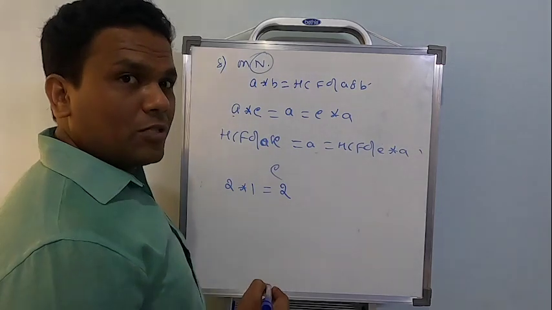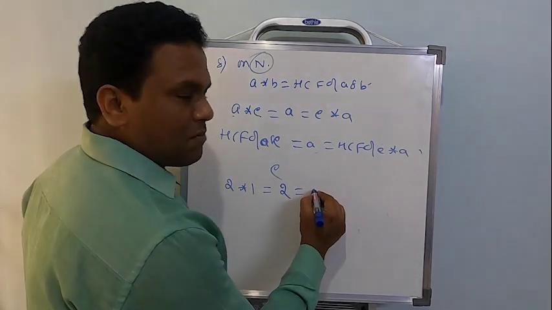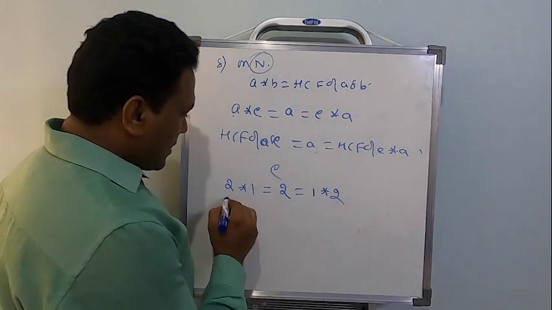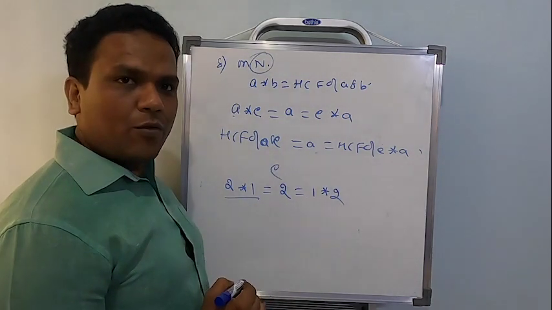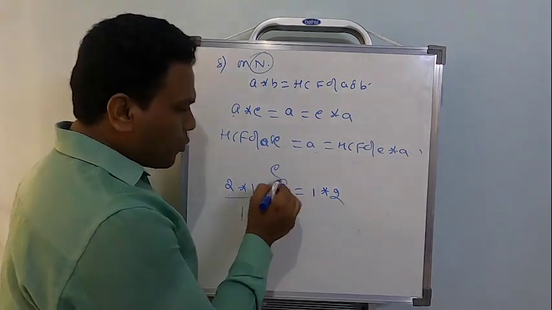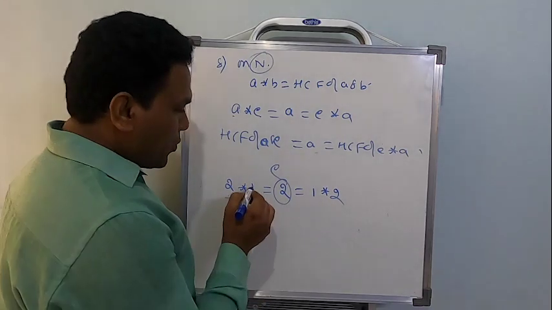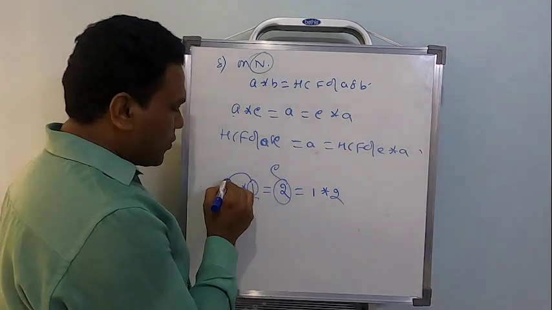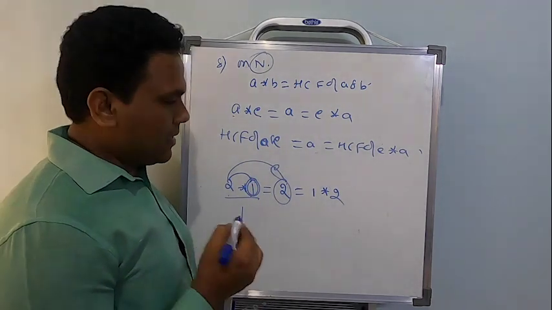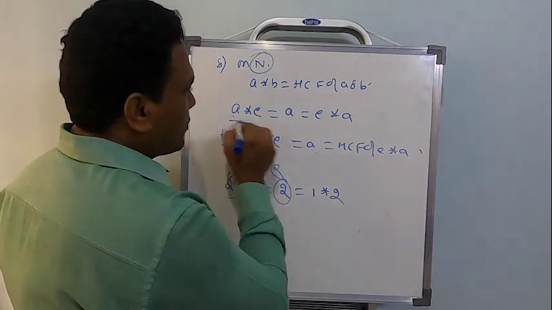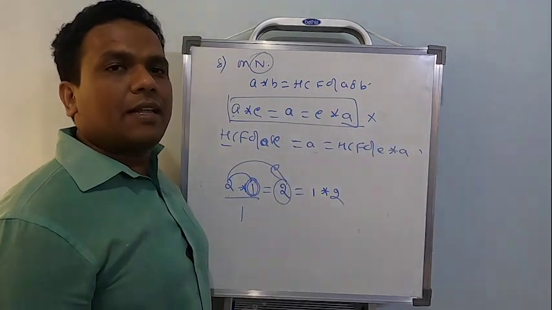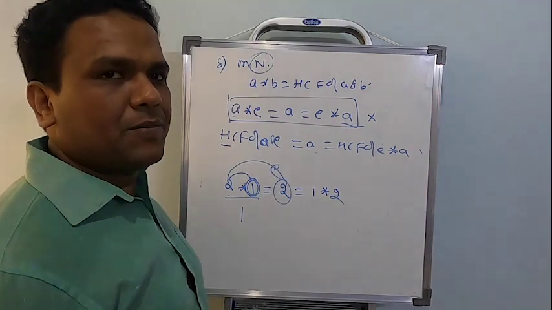That's no way possible. See, one example to understand what I am trying to do here. What is actually 2 star 1? Sorry, HCF of 2 and 1. What is actually HCF of 2 and 1? It's 1. But what should I get? 2. So one particular element, whenever you operate, if you are getting back the same element, then this particular element will be called the identity. It's not going to be satisfied. This property will never be satisfied according to the given definition. Hence, there exists no identity element.